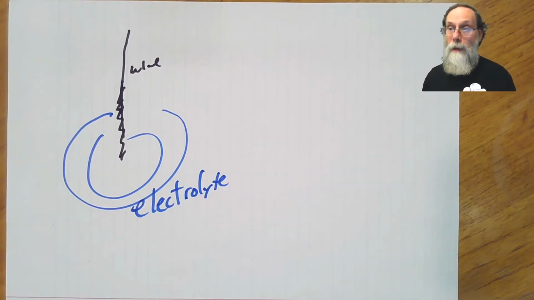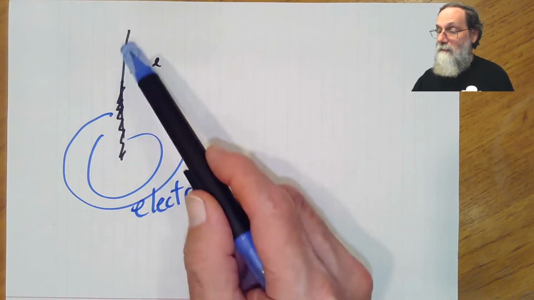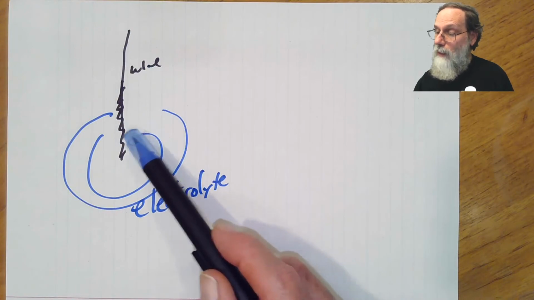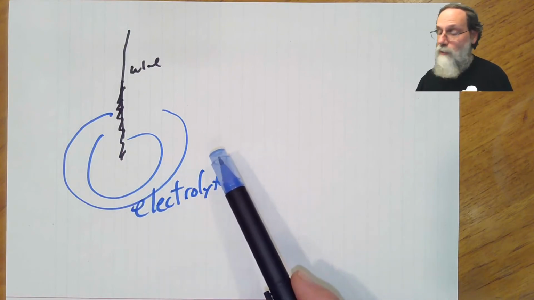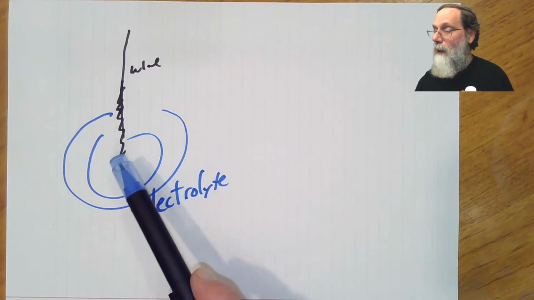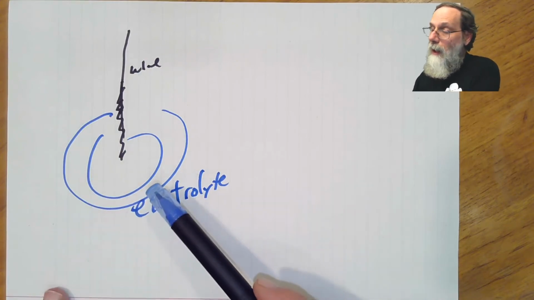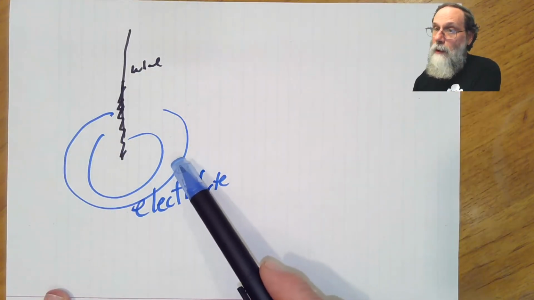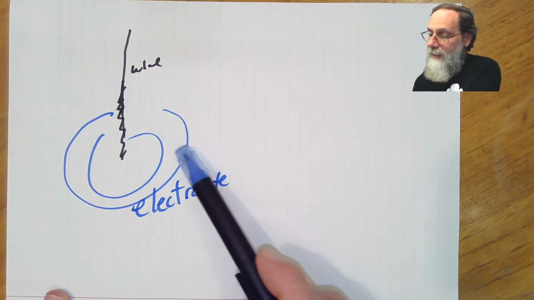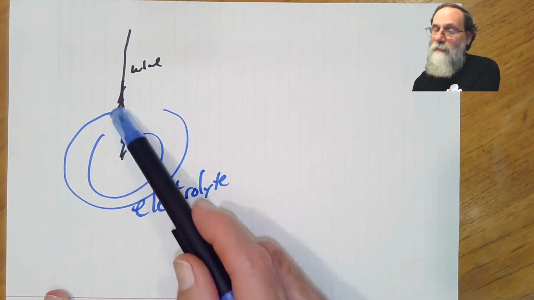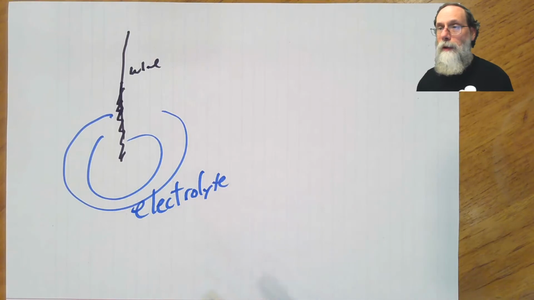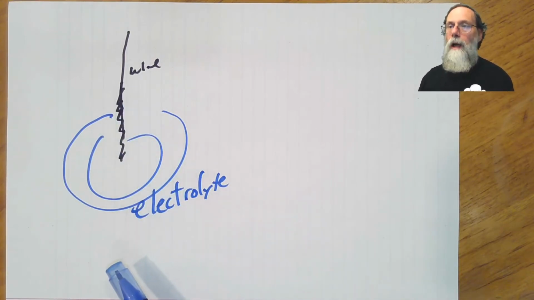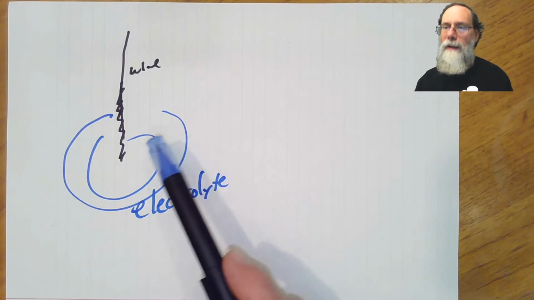What happens in this sort of electrode is that electrons either leave the wire, resulting in some chemical reaction happening on the surface here, and negative ions going into the electrolyte, or positive ions coming out of the electrolyte, or electrons going the other way, electrons coming out of the wire, and that means that either negative ions are coming out of the electrolyte, doing some reaction on the surface of the wire, or positive ions going into the electrolyte. So you've got electrons going one way or the other, and some surface reaction happening between the electrode and the electrolyte.